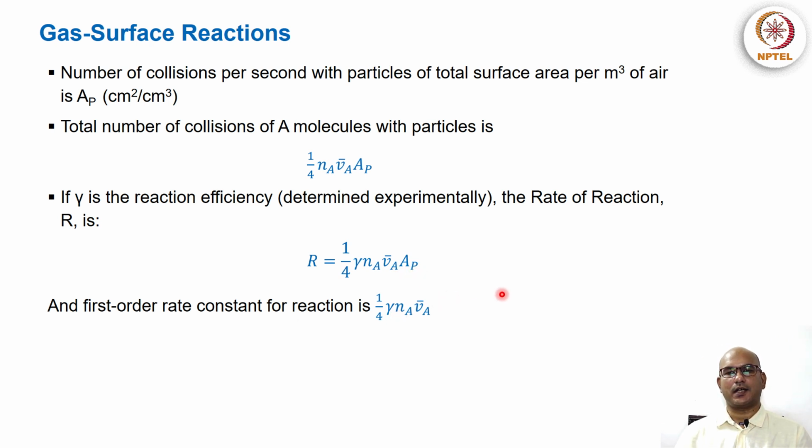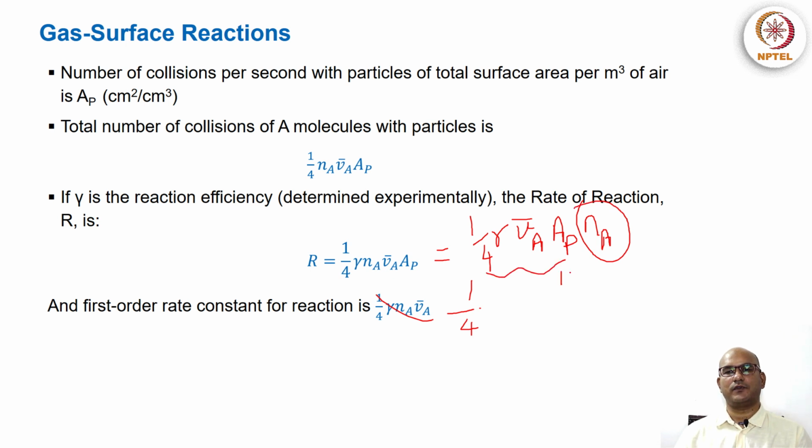And the rate constant for the reaction, we have to rewrite as 1/4 gamma VA AP multiplied by Na, where Na is our number of molecules, so this is sort of our concentration.